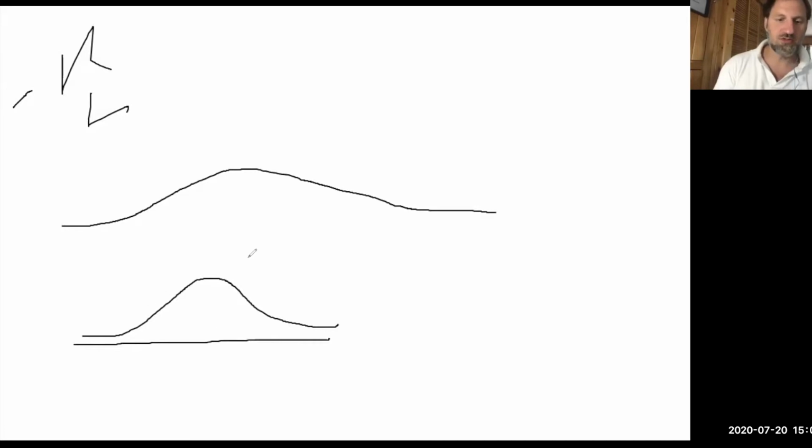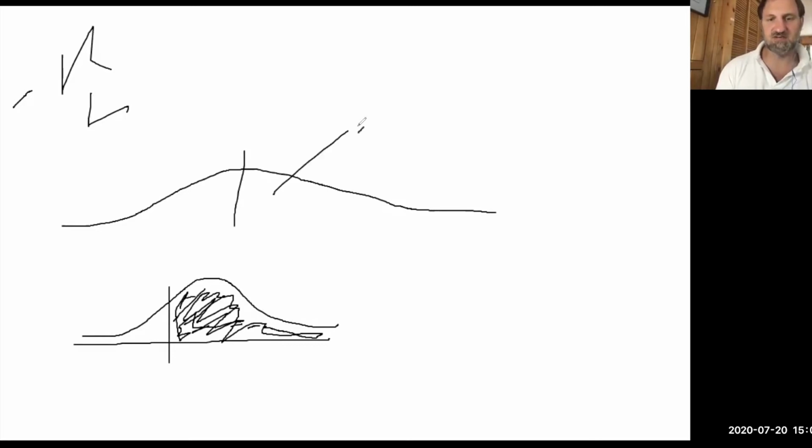Okay, if this whole thing represents 100% and I draw a line here, what percent is on the right and what percent is on the left? Now, I can use some kind of visual estimation to come up with an idea. For instance, I know that if I draw the line exactly in the middle, this side is 50% and the other side is 50%.